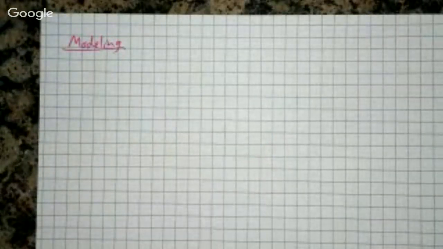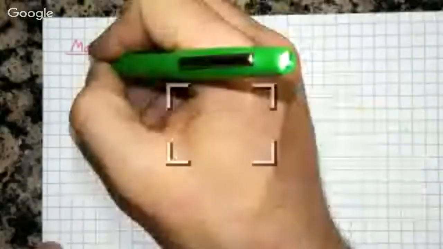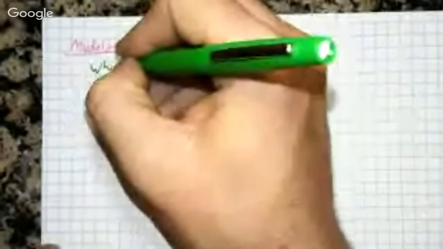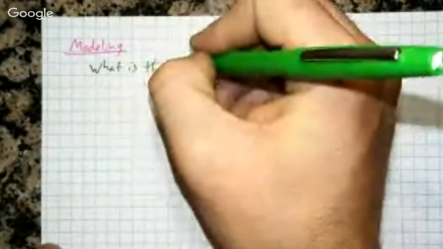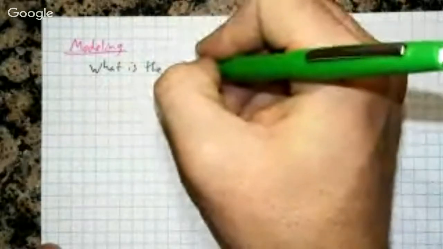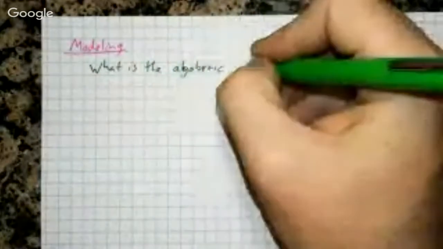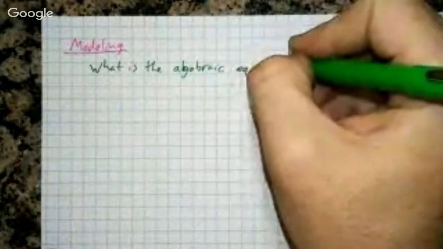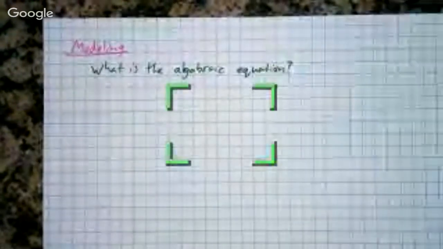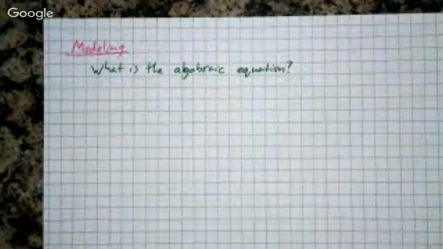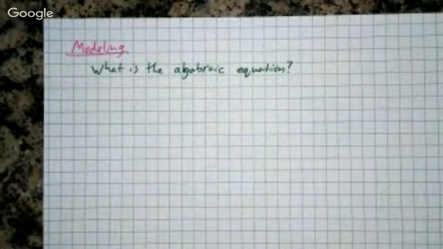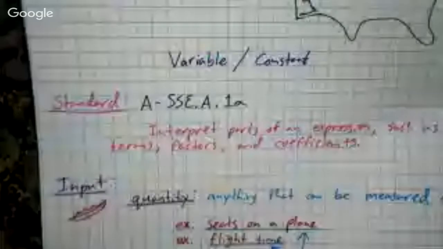First of all, for these first couple, what is the algebraic equation? If we're not sure what algebraic equations are, we go back to our first page of notes where we have our language of the discipline.